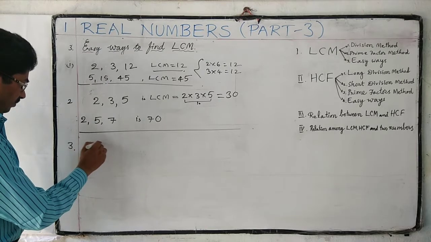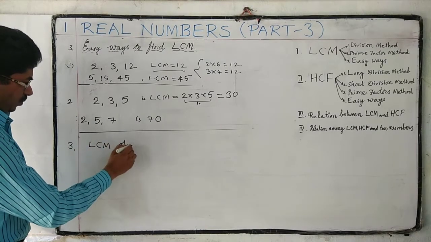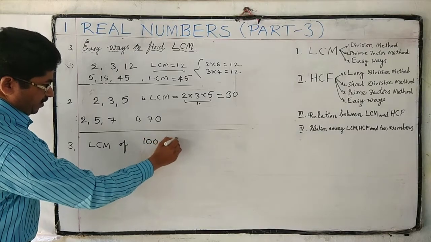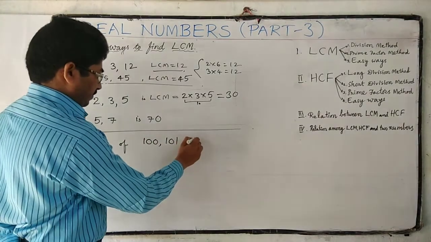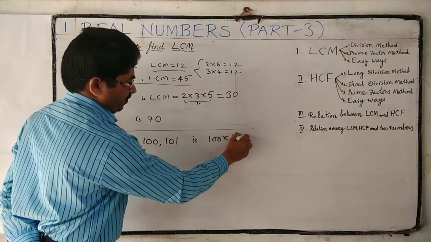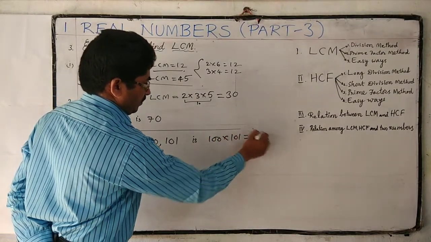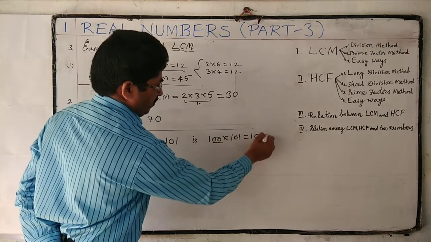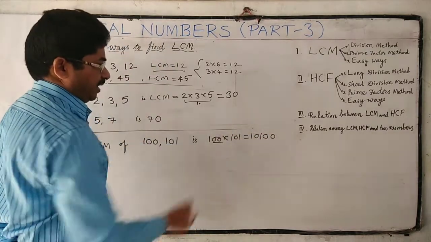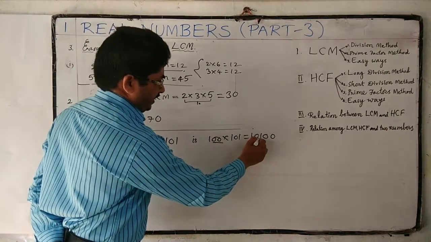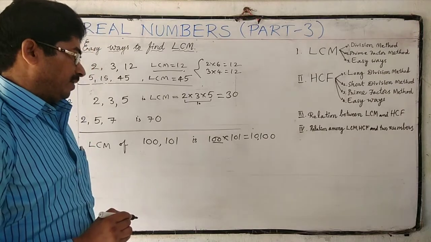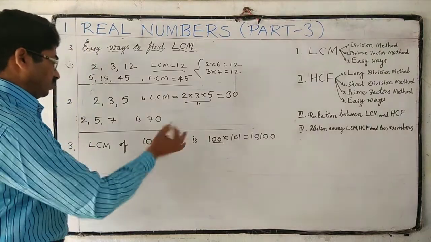LCM of 100 and 101 is 100 into 101. We have to keep 2 zeros to multiply by 100, so 10,100 is the LCM of those numbers.